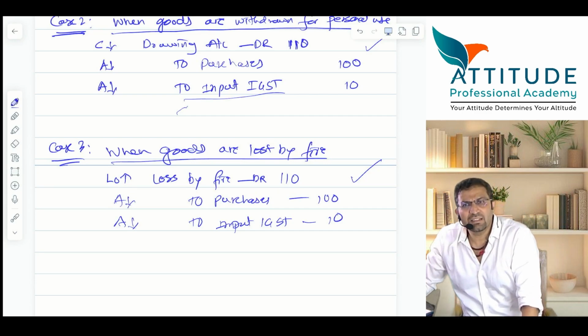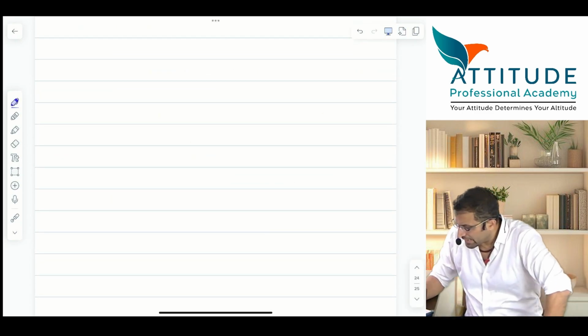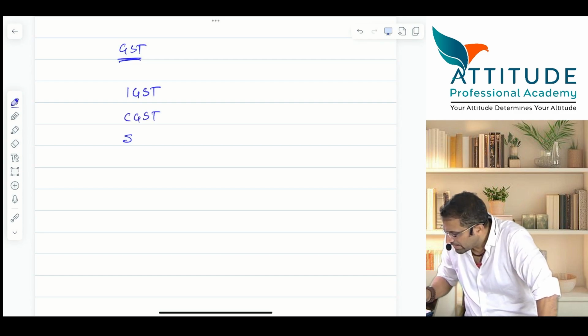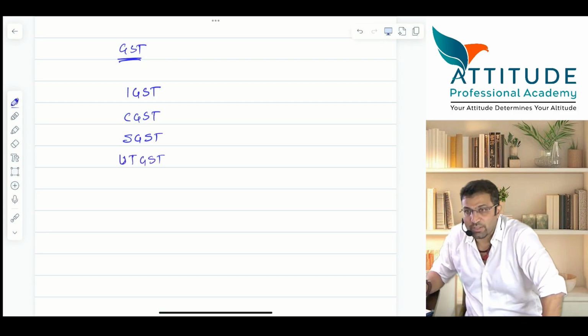Is that clear? Understood? Okay, now concentrate here. There in GST, there is IGST, there is CGST, there is SGST, there is UTGST. UTGST is something like state GST only.